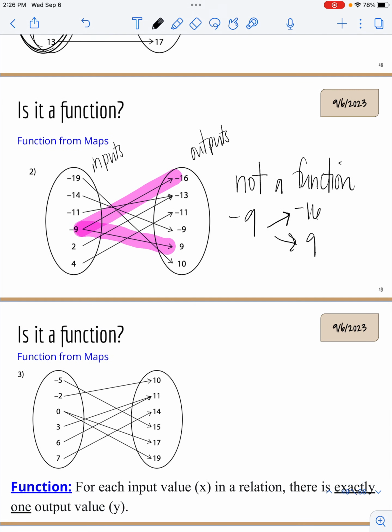Let's try this one now. We check -5 goes to 15. -2 goes to 10. But look at 0. 0 goes to 19 and to 17. So because 0 goes to 17 and 19, it's not a function.